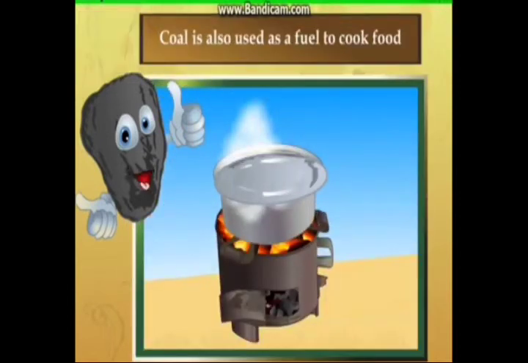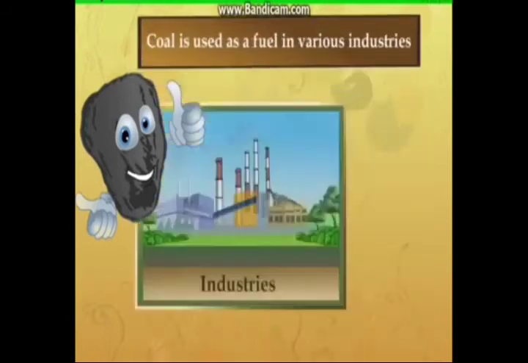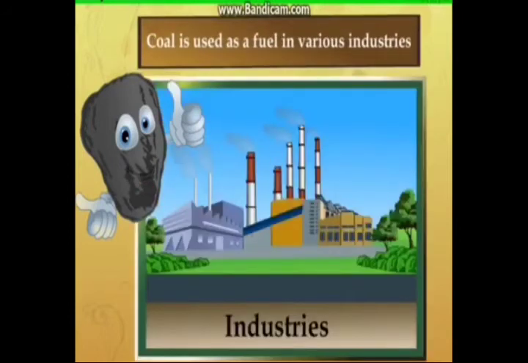The second use, coal is also used as a fuel to cook food. And the third use, coal is used to produce electricity, mainly in thermal power plants. Coal is a good fuel, used in various industries.